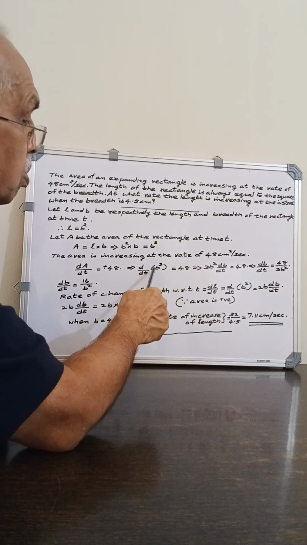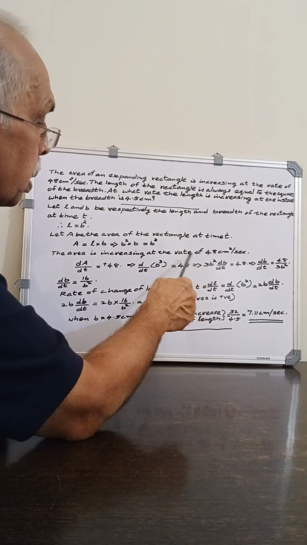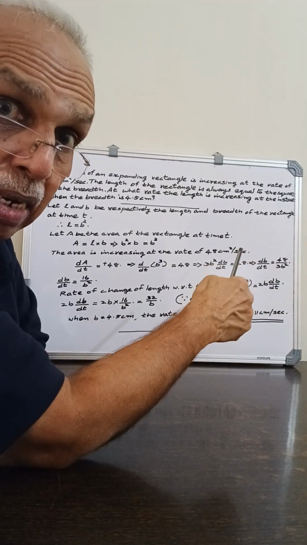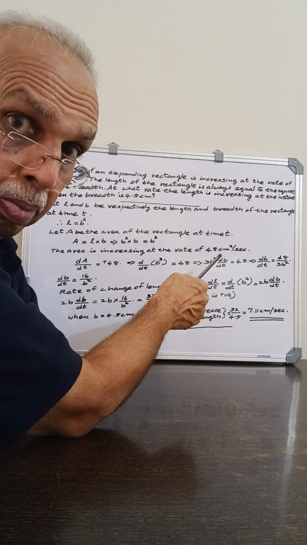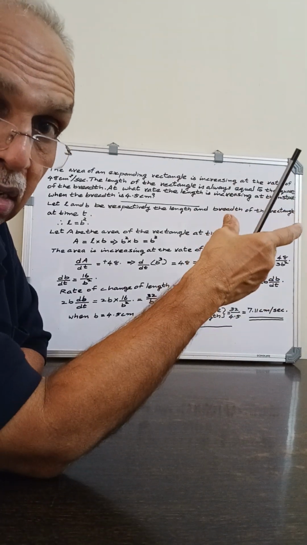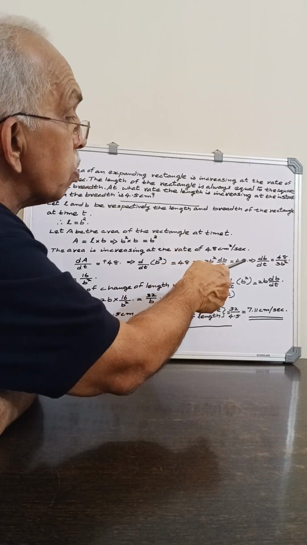The differential of B cubed is 3B squared, and time is implicit here. Therefore, 3B squared dB by dt. Since it is implicit, the differential coefficient sticks along with it. Therefore, 3B squared dB by dt equals 48.